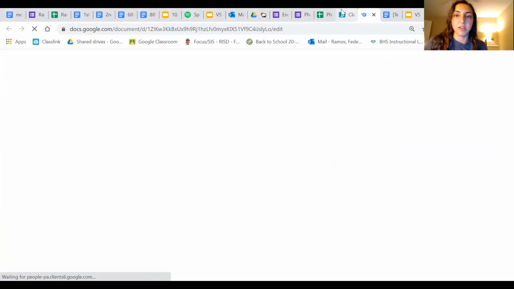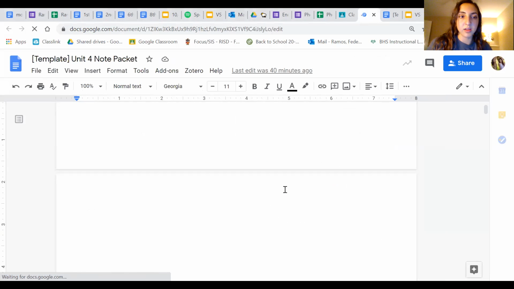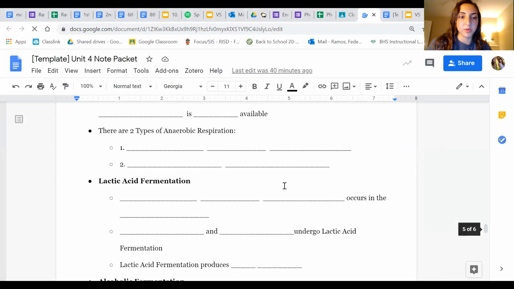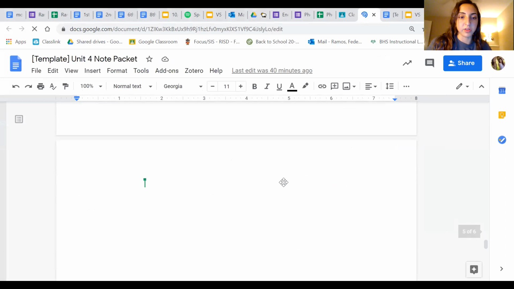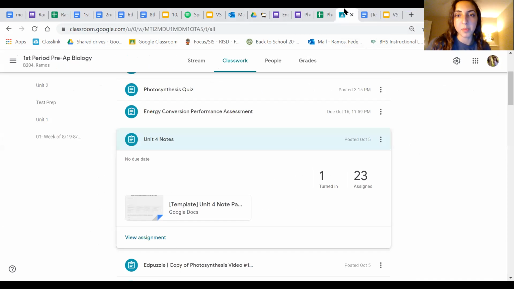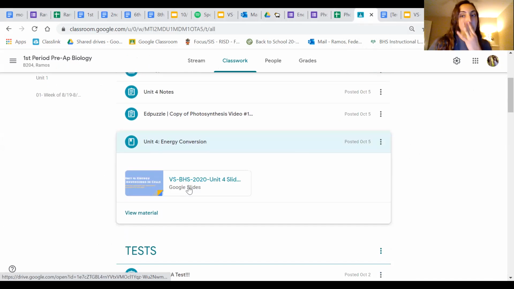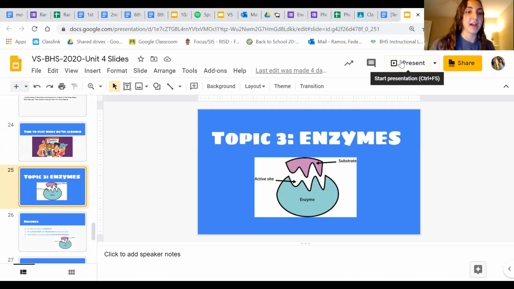If you scroll all the way down, we have what is called Unit 3, Topic 3, enzymes. Now, what PowerPoint am I going through? I'm going through Unit 4, energy conversion. If at any point you need to refer back to this PowerPoint, please do so there. I am starting on Topic 3, enzymes.